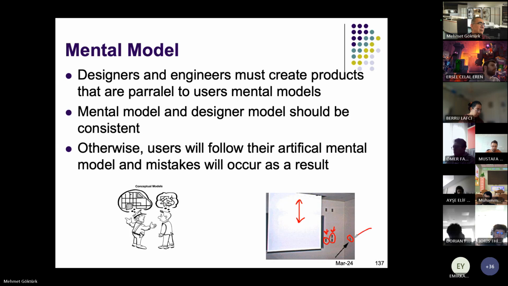No. Incorrectly, it is placed here due to technical problems. And all the time, this is from a United States example, all the time people make mistakes because your mental model says the control for the white screen must be closer to the white screen. Control to the lights must be closer to the other window. But when you do the opposite, when the designer model does the opposite, people fail all the time. So it is a design problem.